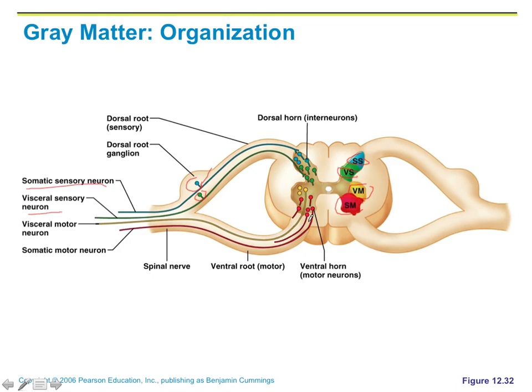So the visceral motor neuron regulates all that smooth muscle and cardiac muscle movement. So that is involuntary regulation.